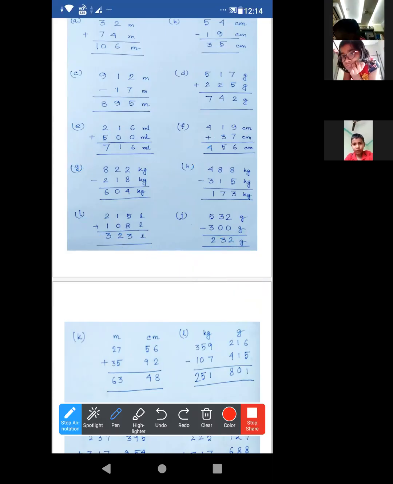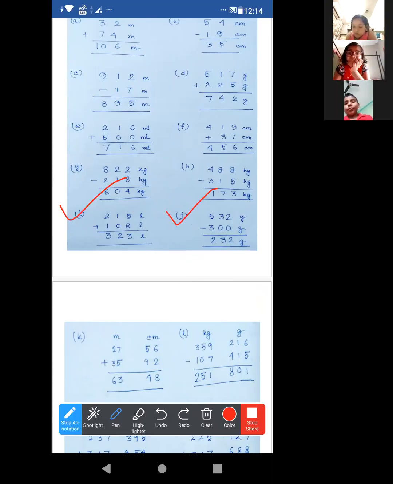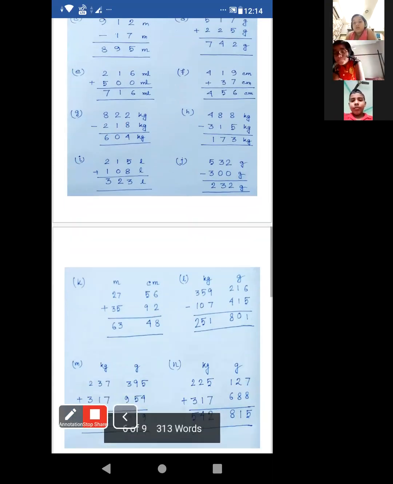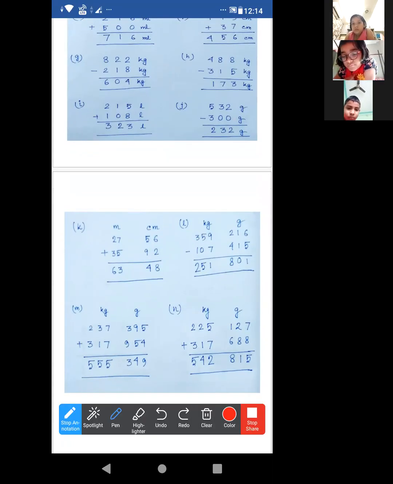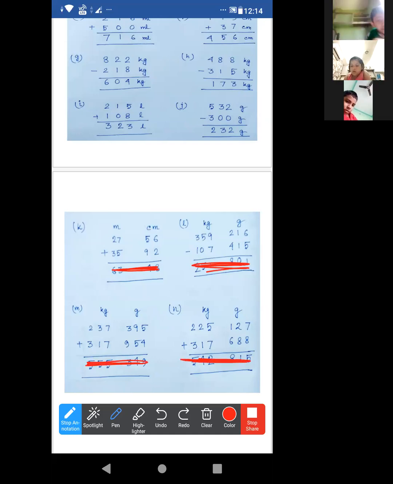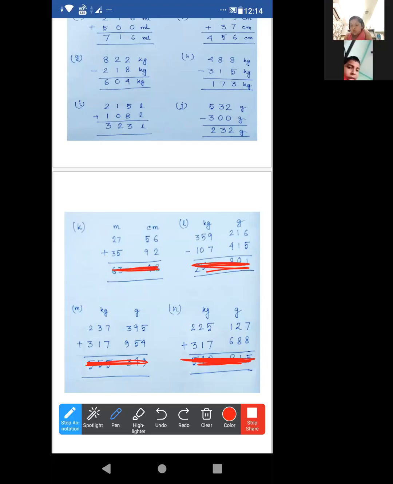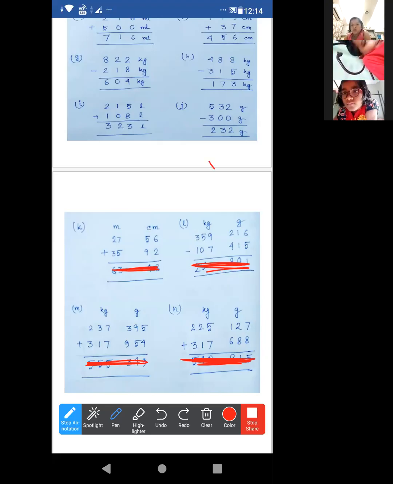Just write the answer I and J. I, J, K, L, M. Look, I am covering these answers. First, I, J, up to J completed now.